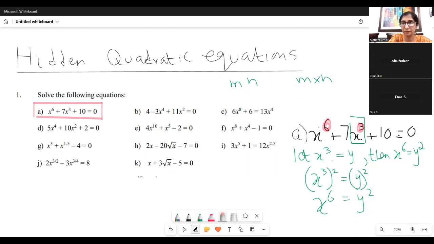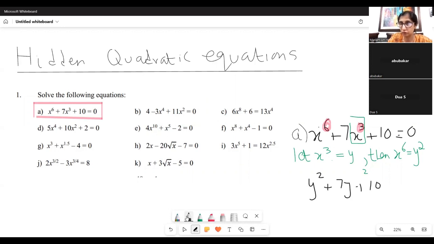Now I'm going to write the x in terms of y. So x power 6 is y square plus 7y plus 10 equals 0. Now this is a quadratic equation that can be solved by factorization.